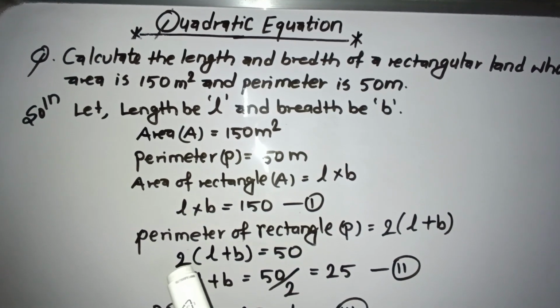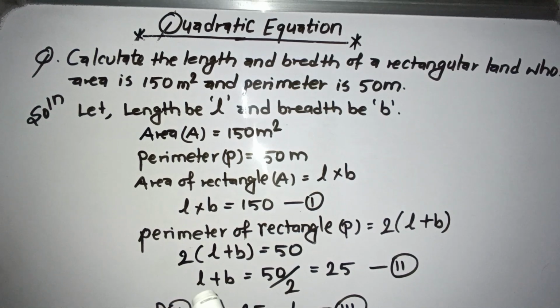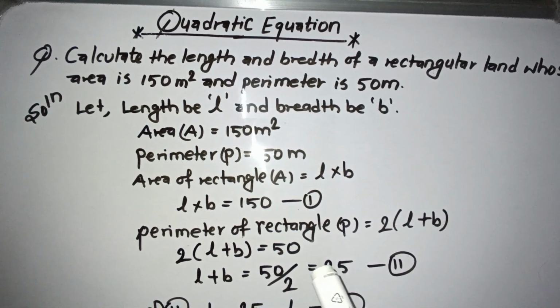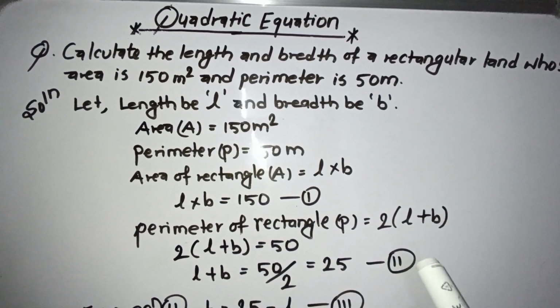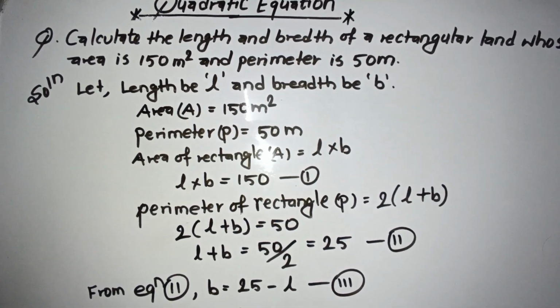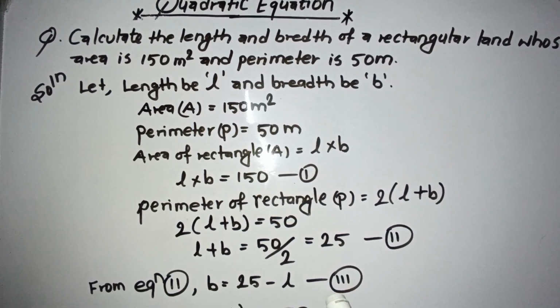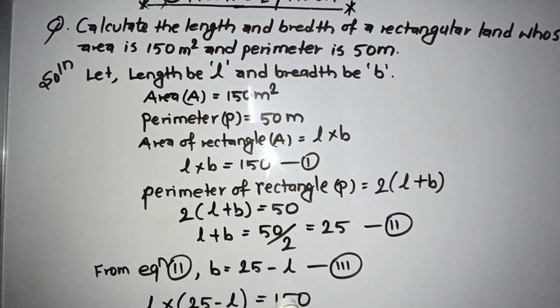If we divide these two here, then we get L plus B equals 25. This is the equation second. From equation second, we have B equals 25 minus L. This is the equation third.